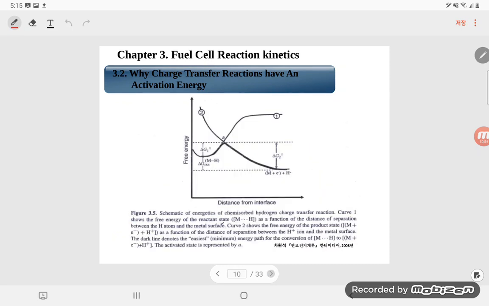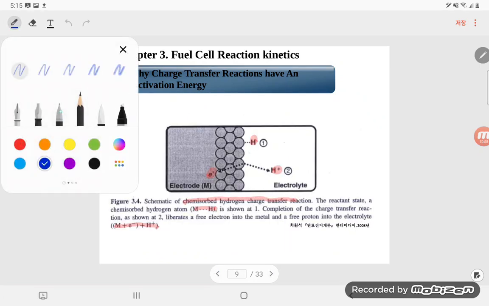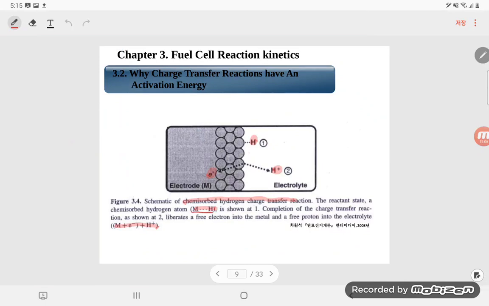So that can happen. So when we see these two species, this one MH, the hydrogen atom adsorbed to the metal surface, decomposes into the proton and electron. So if we see the free energy of the first one and the second one together, then we can know about the energy state from the 1 to the 2.